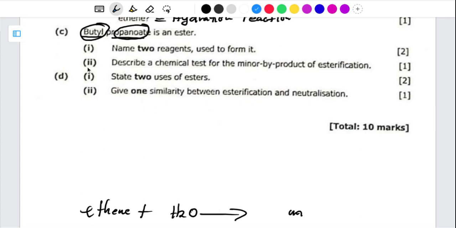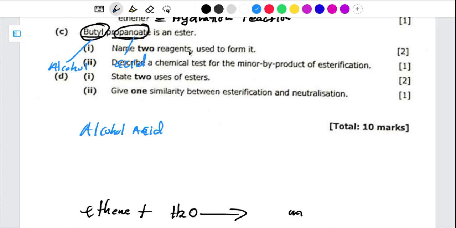Let me repeat. When you're naming an ester, you need to start with an alcohol. Okay? Then end with an acid. That's the format, isn't it? So meaning to say we have butyl propanoate. So this is going to be an alcohol. Okay? And this is propanoate, meaning to say this is going to be an acid.